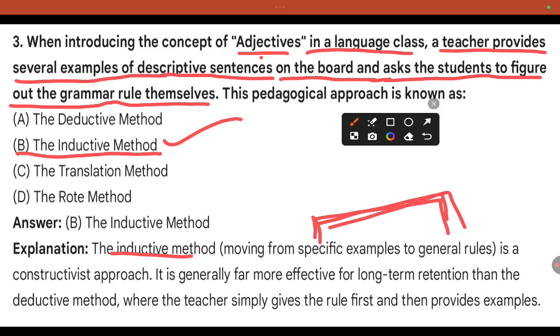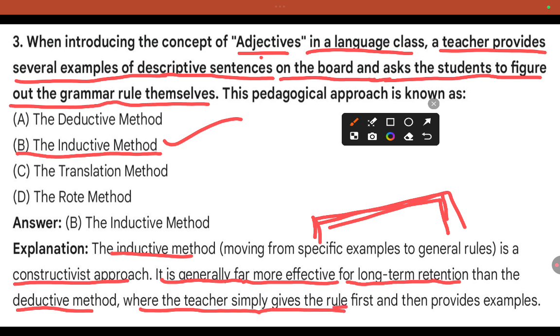It is a constructive approach, generally far more effective for long-term retention than the deductive method, where the teacher simply gives the rule first and provides examples later. Rule first, examples later.